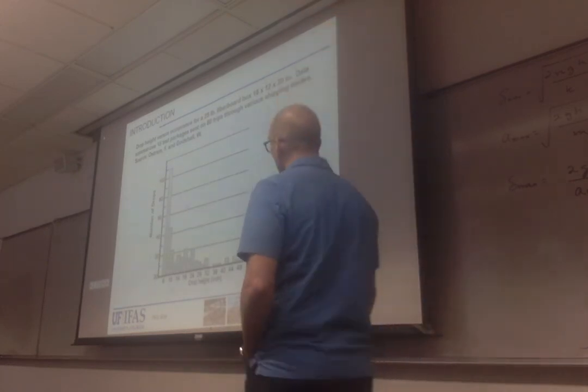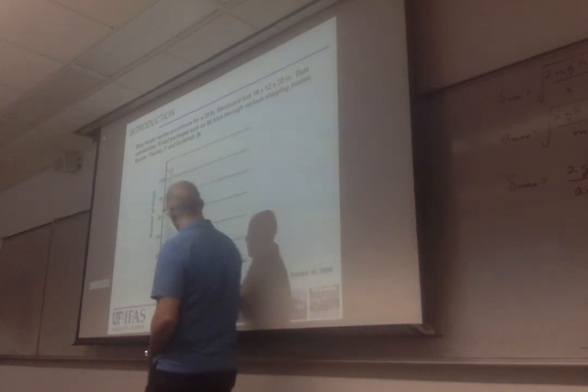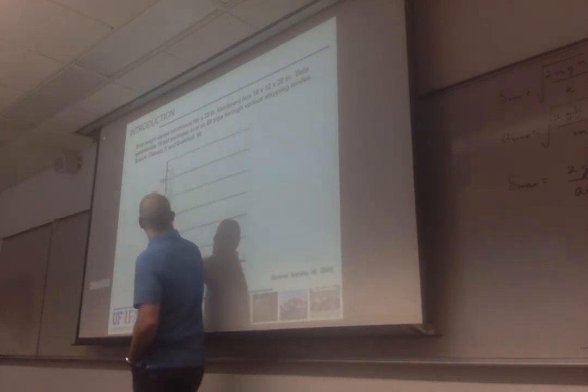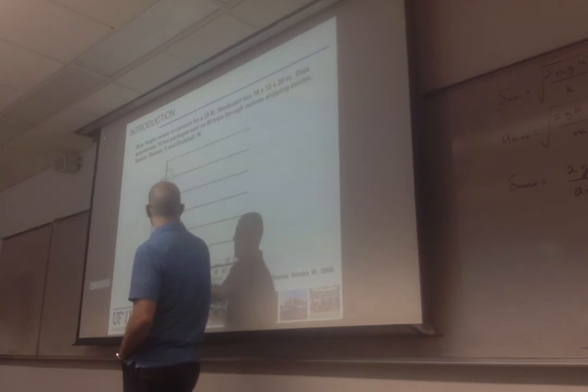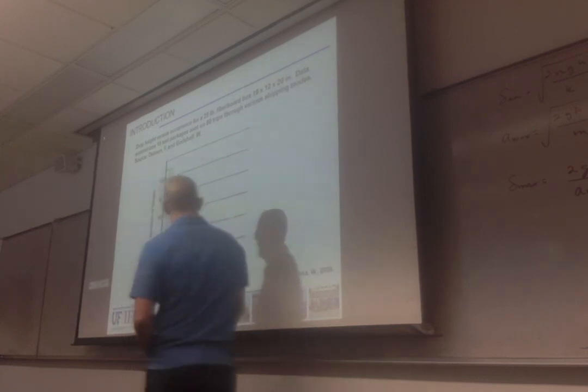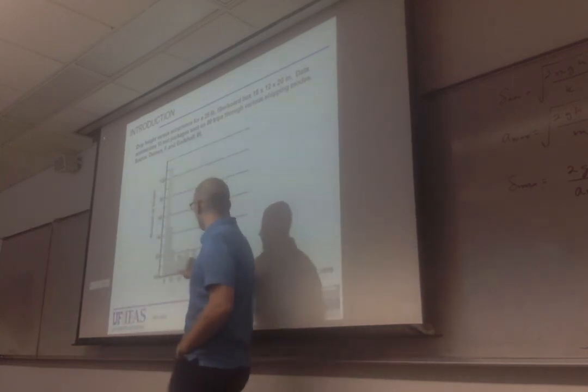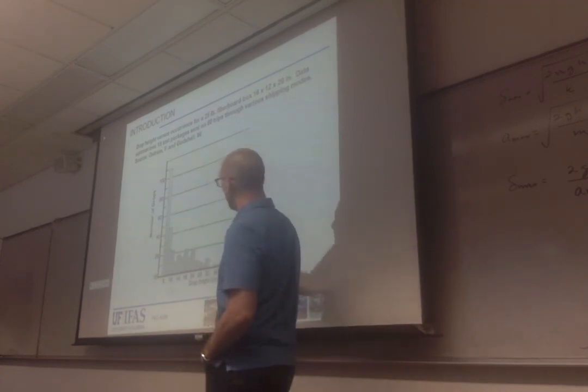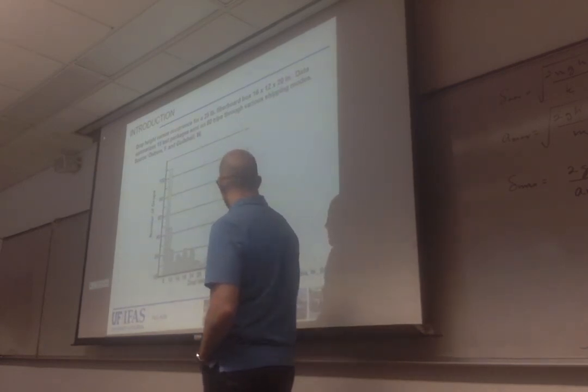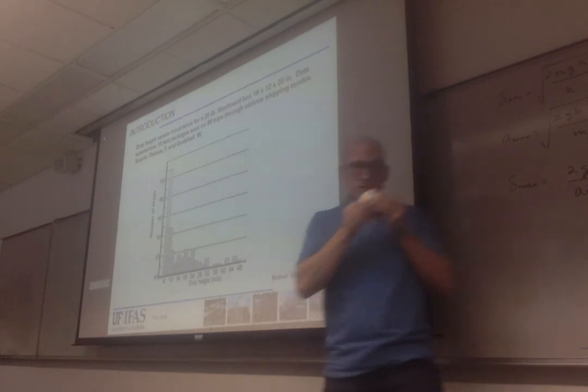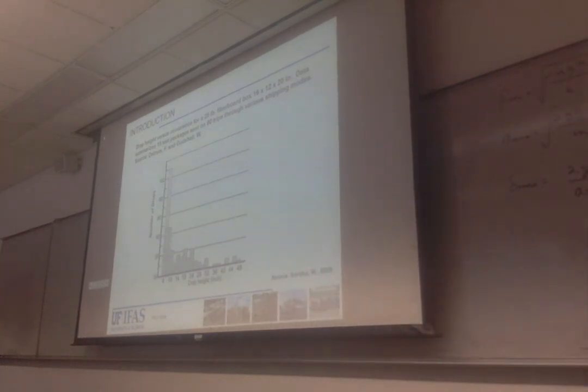So you see, for a 25 pound box, you have a lot of drops from low heights, 6 inch or even a foot or less. And you have very few occurrences of very high drops. So you are likely to have many drops from small heights and a few drops from very high heights.